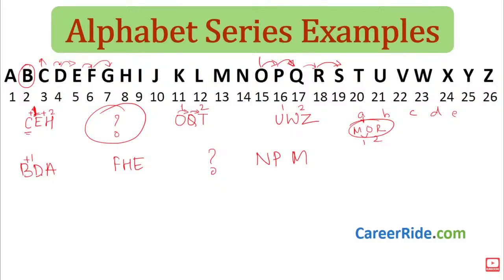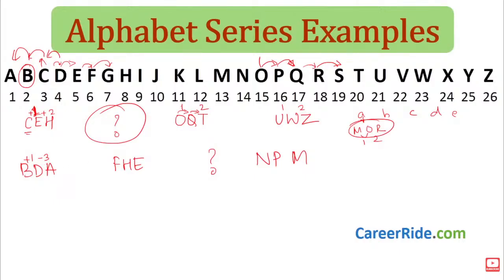B skipping C, then we get D. Then D and A. Now A comes before D. So 1 before D is C, 2 before D is B, and 3 before D is A. So between D and A, the difference is -3. 1, 2 and 3. This is the third. So -3. D to A, when we go 3 places back, we will get A.